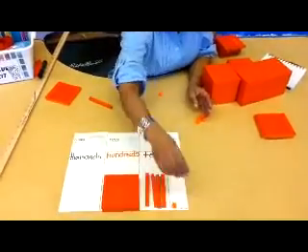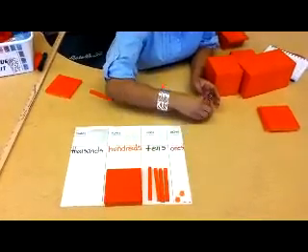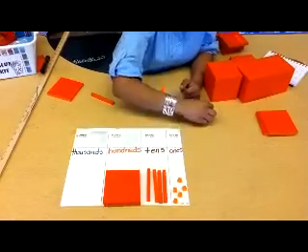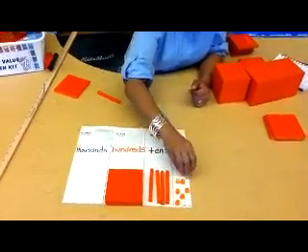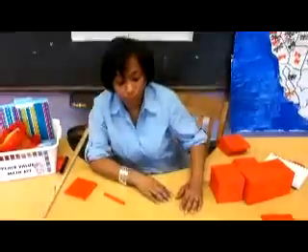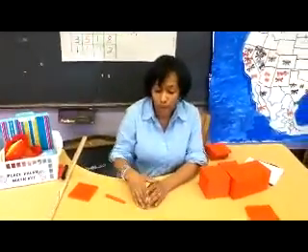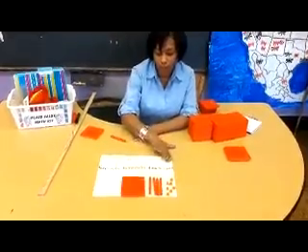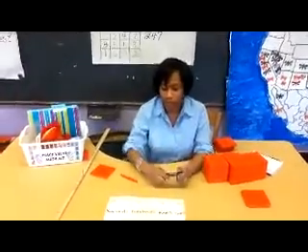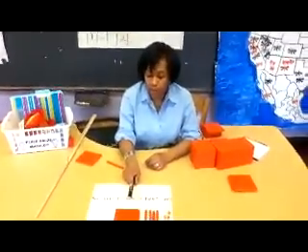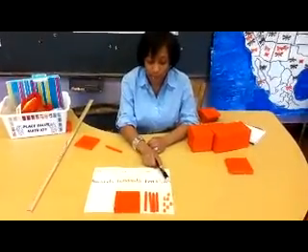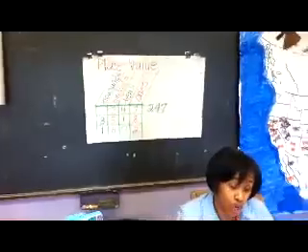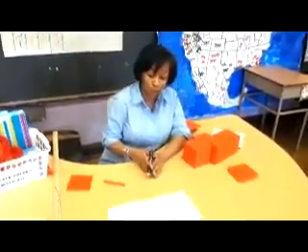So 1, 2, 3, 4, 5, 6, 7. So, in place value terms, I have hundreds, tens, and ones. 247. So I've just put into another place value chart the number 247.